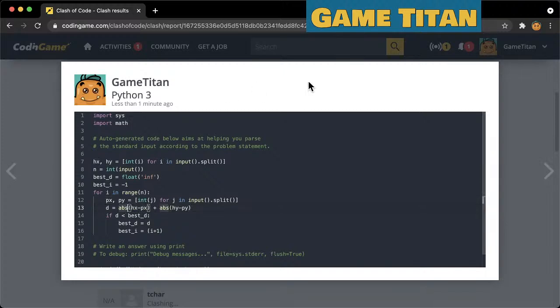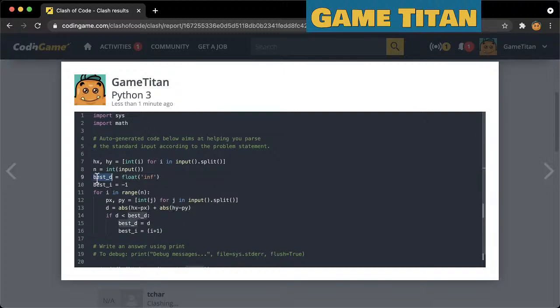Either way, you just want to know what that distance is. So this ABS function is the absolute value function, and if you have a negative number, it'll just return the positive version of that number. So you do that both for x, which is right and left, and y, which is up and down.